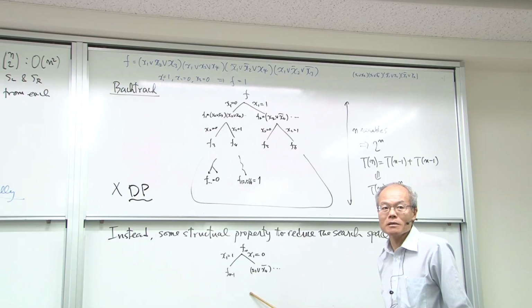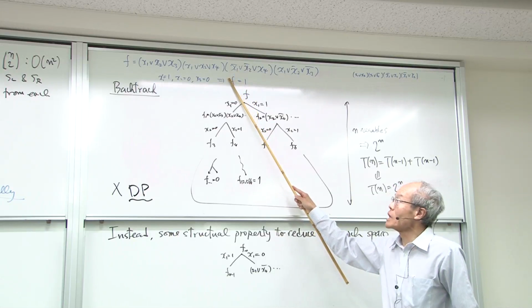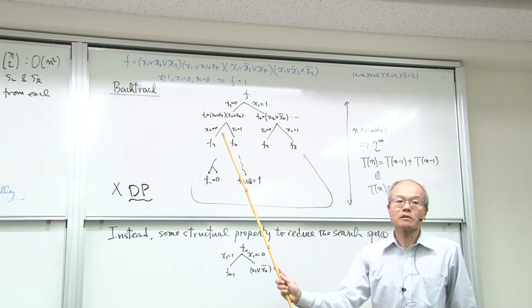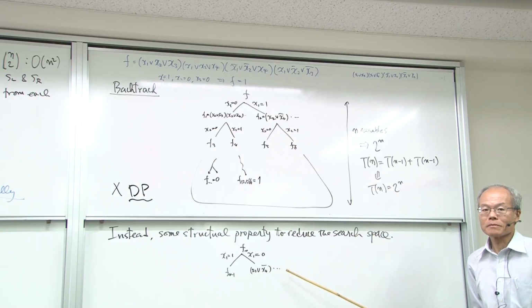Understand? It's clear? But if x1 appears negative, then this clause just disappears. That means we have no guarantee for this kind of clause of size 2.